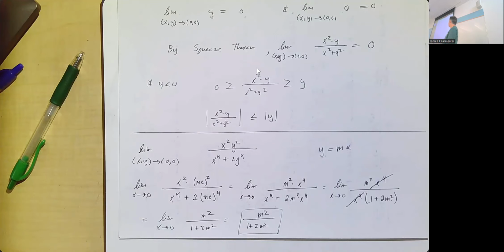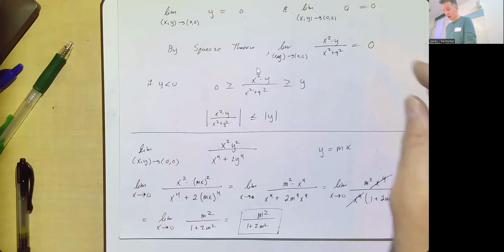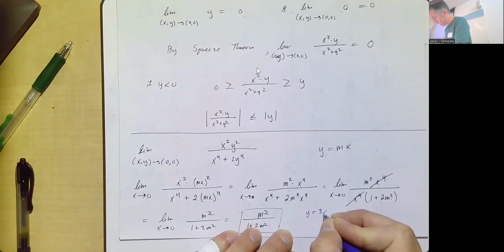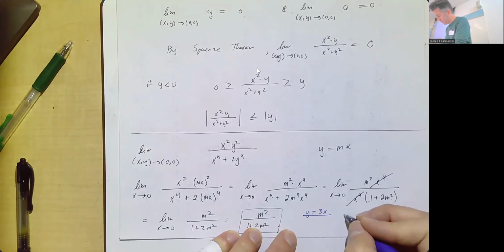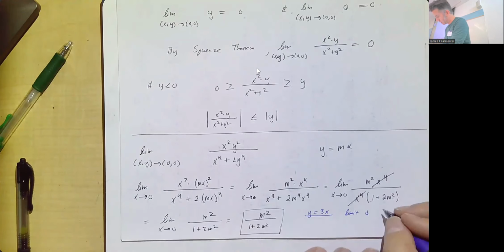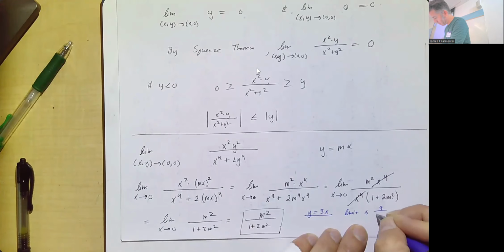Only one. If you get different values, that means you're not getting the same thing every time. So just to be super extra clear, along the path y equal to 3 times x, the limit ends up being 3 squared over 1 plus 2 times 3 squared, which is 9 over 1 plus 2 times 9, which is 9 over 18.